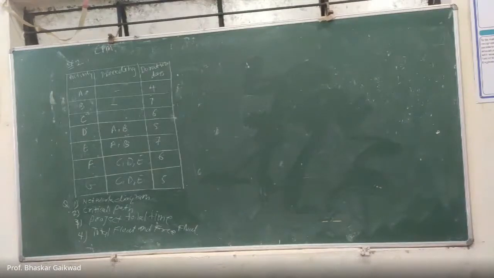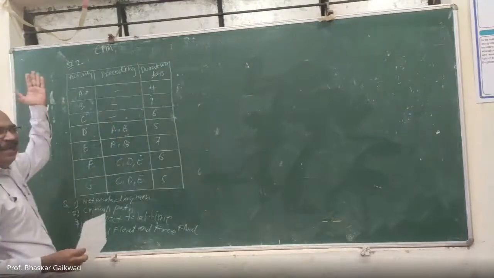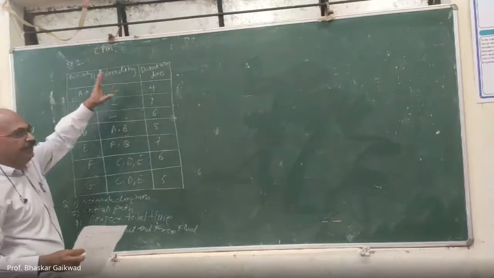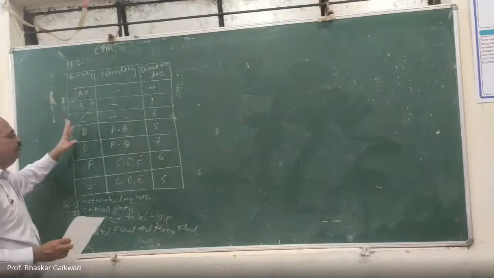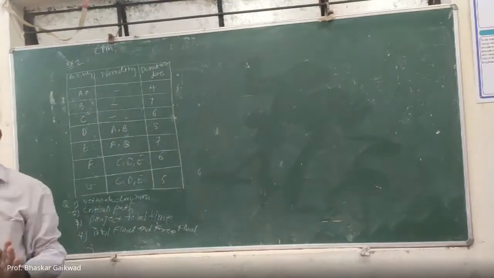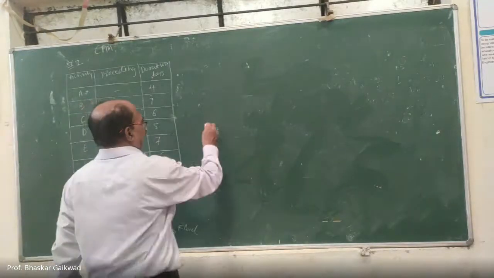So here are A, B, C. ABC have no back activity, no preceding activity. It means before ABC, there are no other activities. So let us start from 1. Correct. So here it is 1.